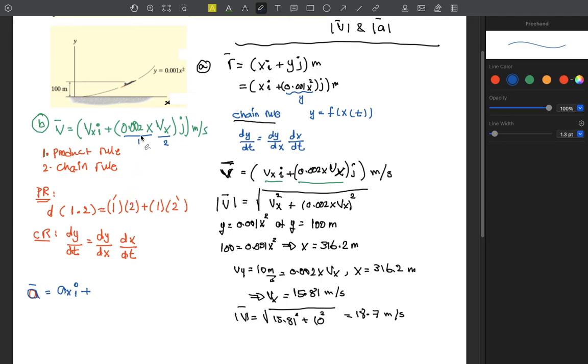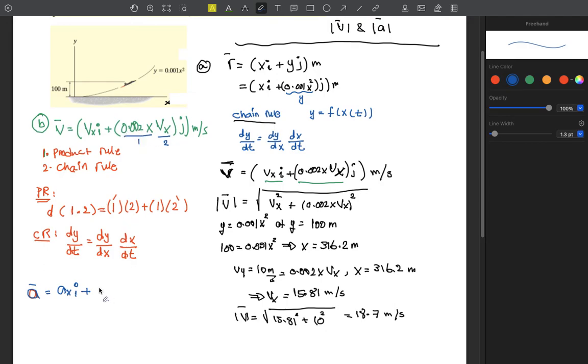We differentiate the first one, but to differentiate this one, we have to carry out the chain rule. So the chain rule says that it's the derivative of y with respect to x multiplied by x with respect to t. And then we multiply it by the second term. The first one with respect to x is simply 0.002, right?